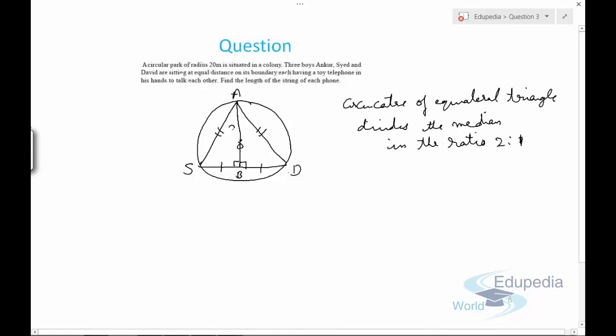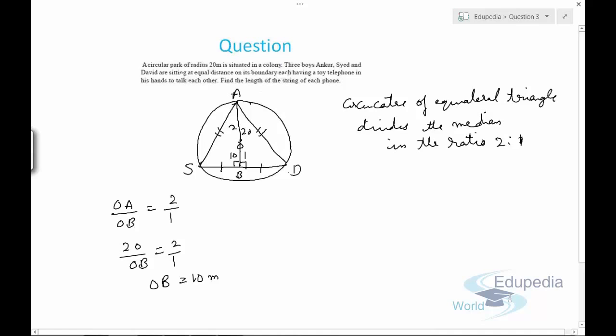So this means this part is 2 and this part is 1. Now we can say that OA by OB is 2/1. Now OA is 20 meters, it's given, it's a radius. So we can put 20 over OB equals 2/1. So OB equals 10 meters, right? So we have OB as 10.